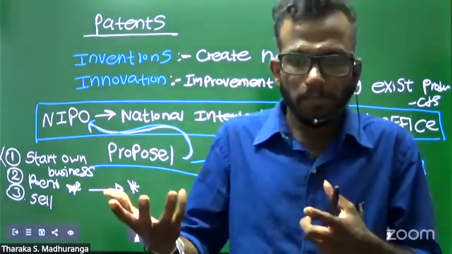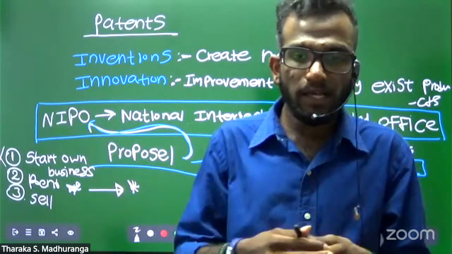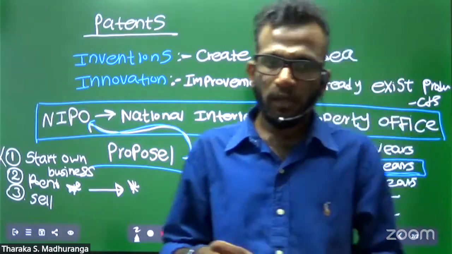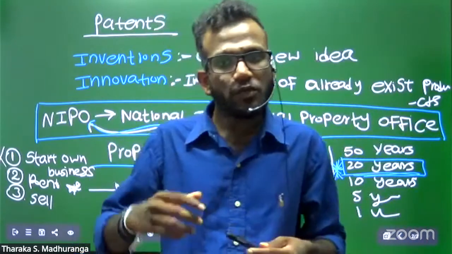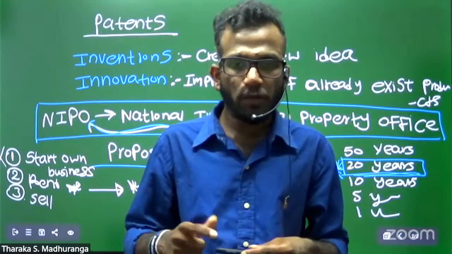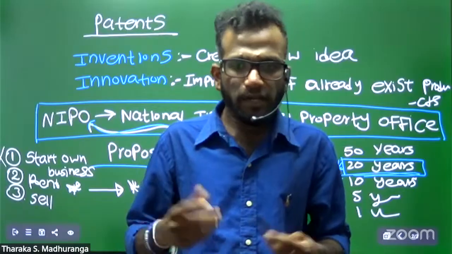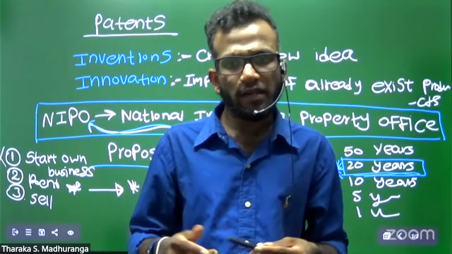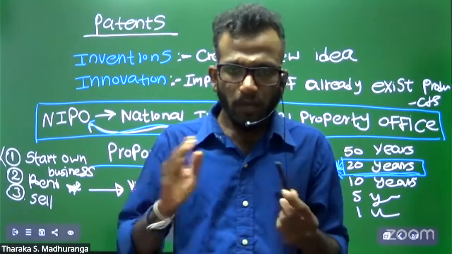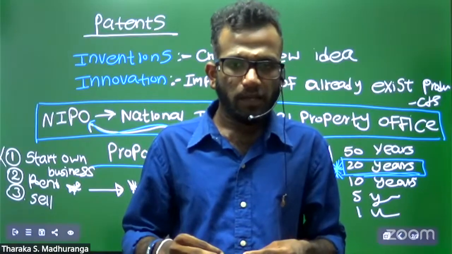If anyone produces without your permission, you can take legal action. Therefore, with a proper agreement, you can rent this for production, and some percentage of profit comes to your ownership. Understood?